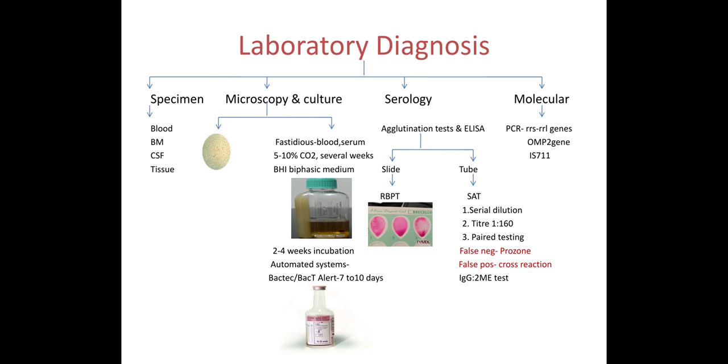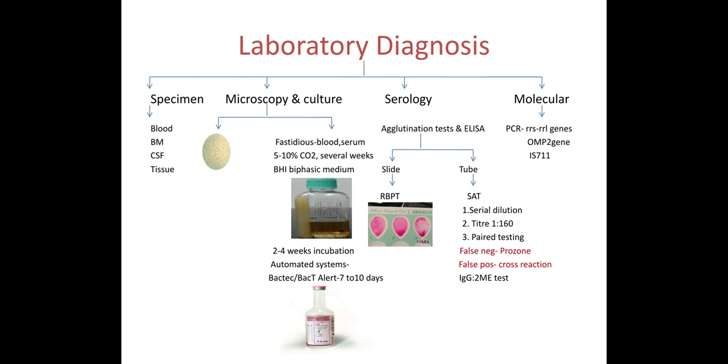Now coming to laboratory diagnosis. By now you know which organs are infected by brucellae and you know the symptoms of the patients coming with brucellosis. So you should also be able to tell at this time what specimens we will collect for lab diagnosis of brucellosis. Mainly blood, because brucellae remain in blood during acute brucellosis.